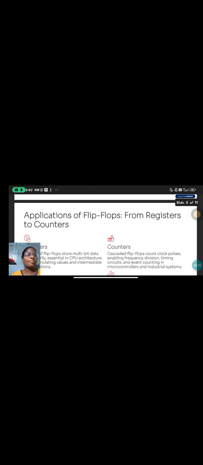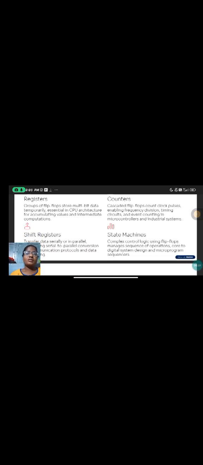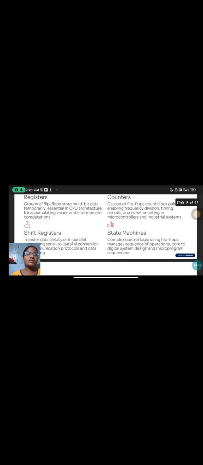Next one is applications of flip-flops, from registers to counters. Last topic of flip-flops: we have mainly discussed these applications. Applications of flip-flops mainly include registers, counters, shift registers, state machines.